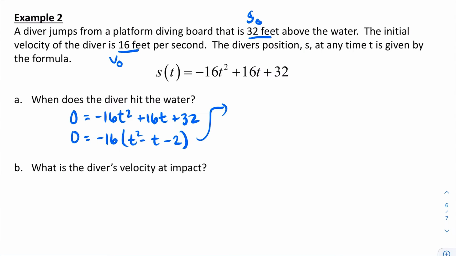Yes, I factored that out right. Okay, I apologize. My notes have this incorrect, so that's why I'm a little confused. Okay, so t minus 2 times t plus 1. Just double checking that's right.